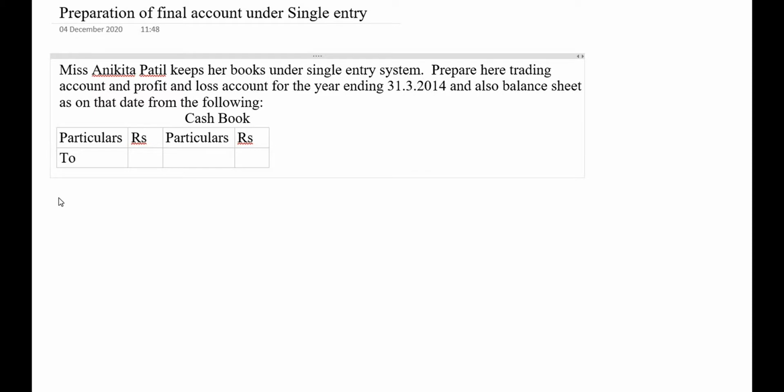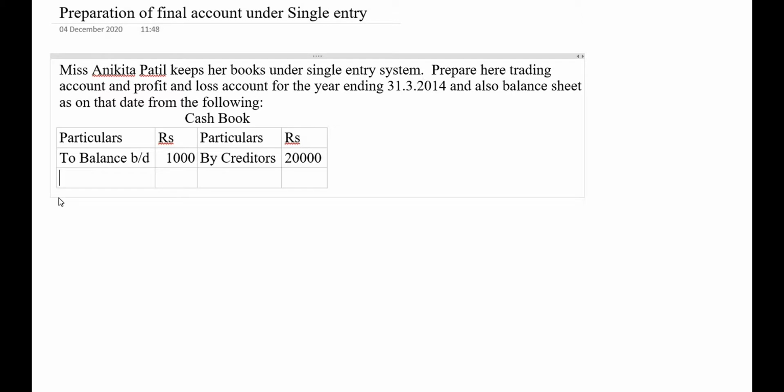To balance brought down, which is given as rupees 1000, by creditors rupees 20,000, to sales rupees 4,000.